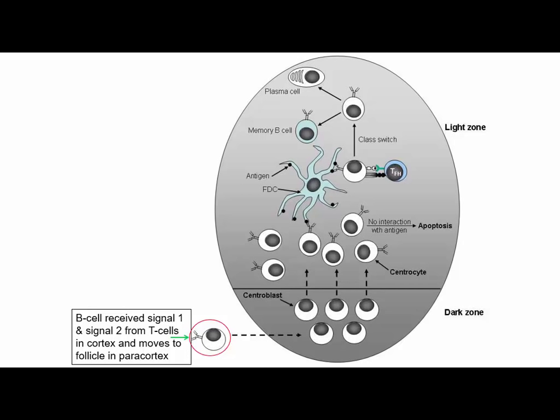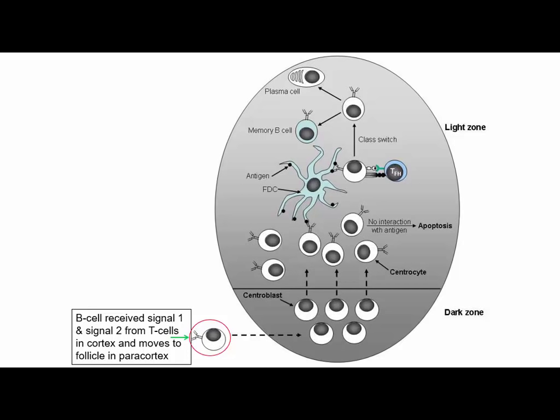But what the adaptive system wants to do is to further fine-tune the B cell receptor to ensure that it has not just an okay affinity for the antigen, but a super affinity for the antigen. And this is how it happens.